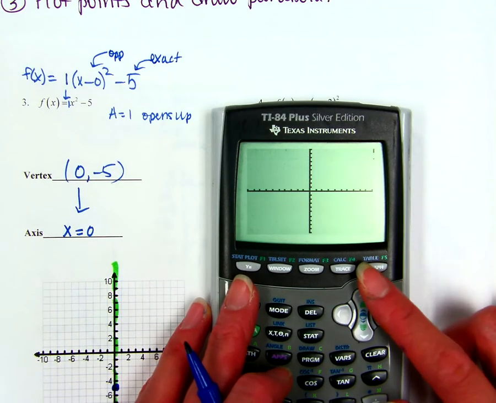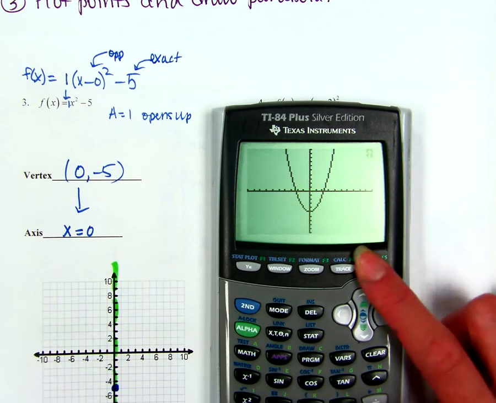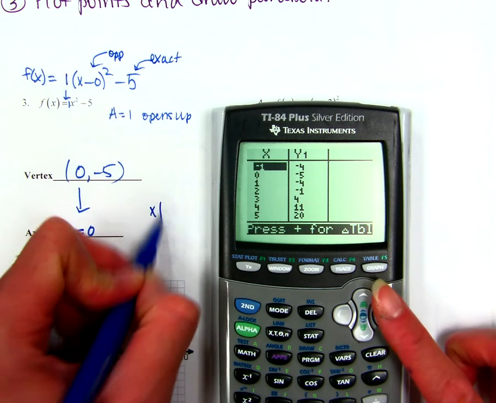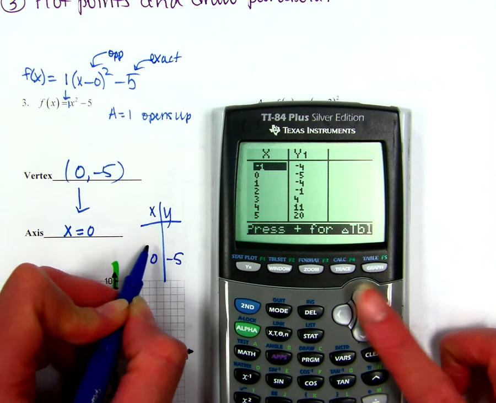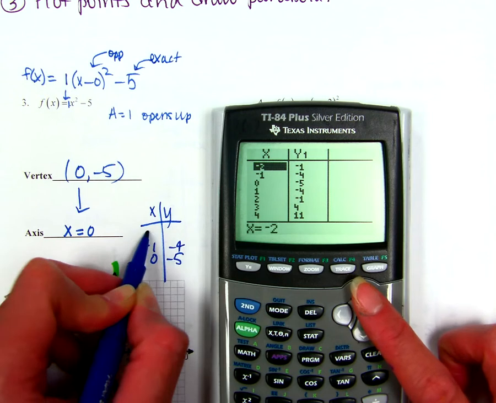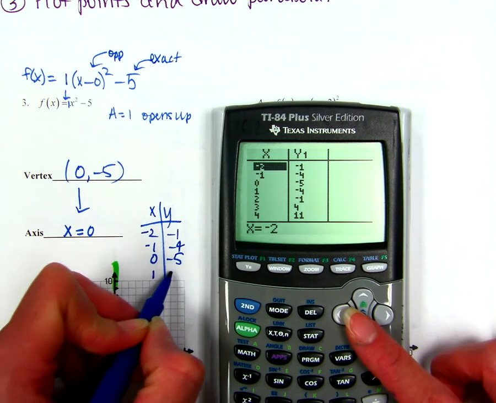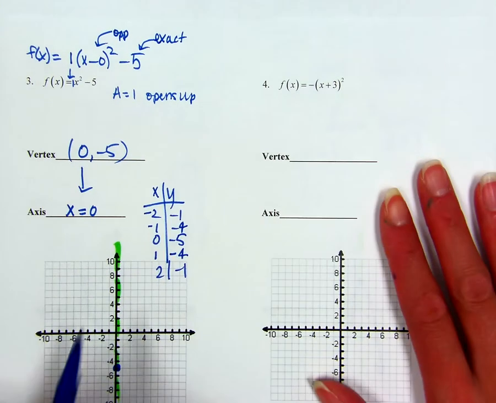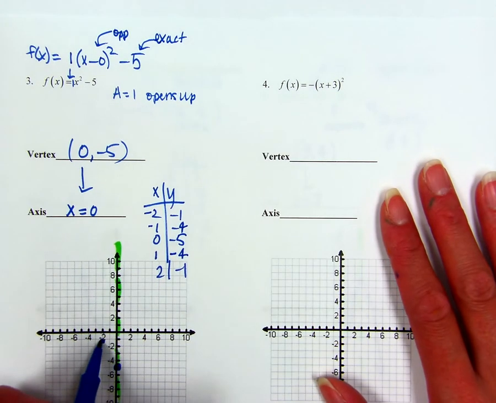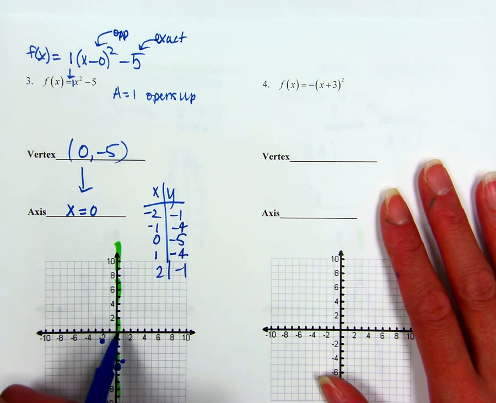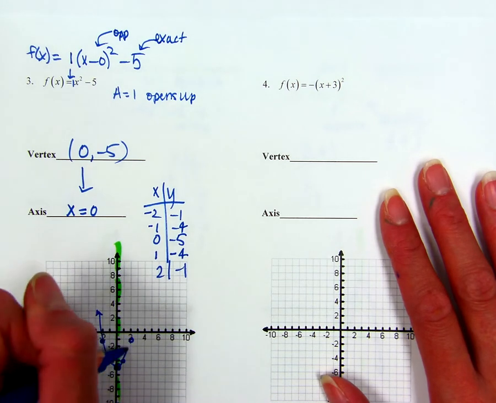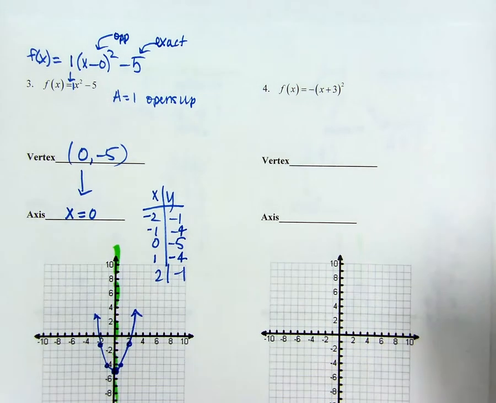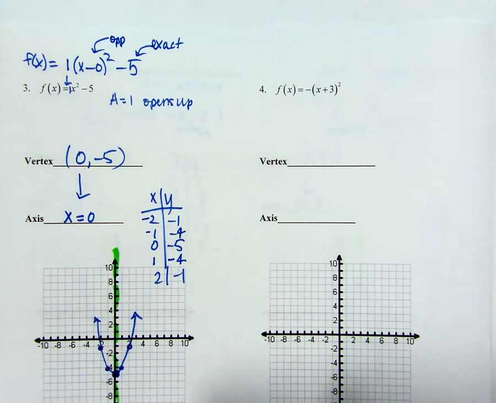So I hit graph, and then it should look like opening up. And I'm going to copy down a few numbers on the table. So 0, negative 5; negative 1, negative 4; negative 2, negative 1; and I have 1, negative 4, and 2, negative 1. Alright, so I'm going to plot those points. Negative 2, negative 1; negative 1, negative 4; 0, negative 5; 1, negative 4; and 2, negative 1. Now that I have my 5 points, I'm going to sketch in my parabola, and then I'm all done.